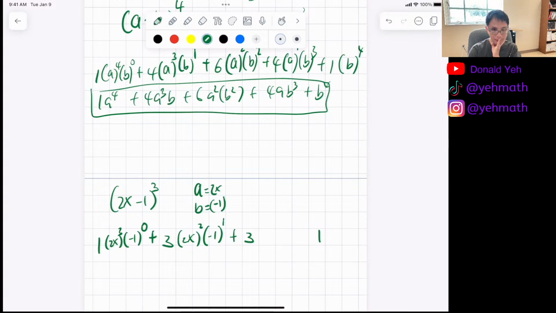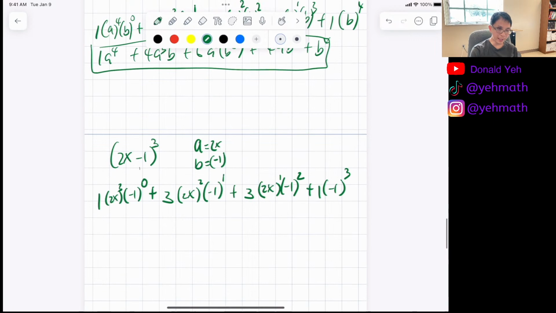Right? And 2x to the which power? Not 3rd. 1st. And negative 1 to the what? 2nd. And plus negative 1 to the what? 3rd. Okay.